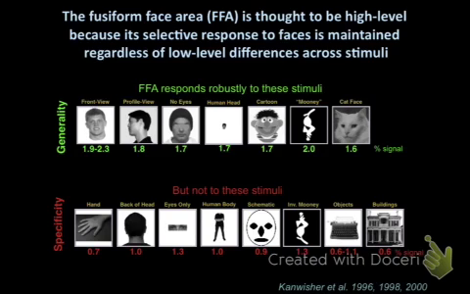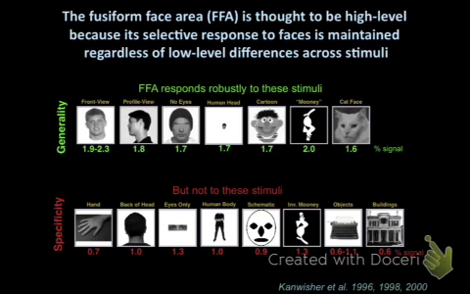For example, this region responds to both photographs of faces as well as cartoon and abstract versions of faces, and even to animal faces. However, it is selective in that it doesn't respond to other body parts like hands or headless bodies, and again, doesn't respond to many kinds of objects and buildings.